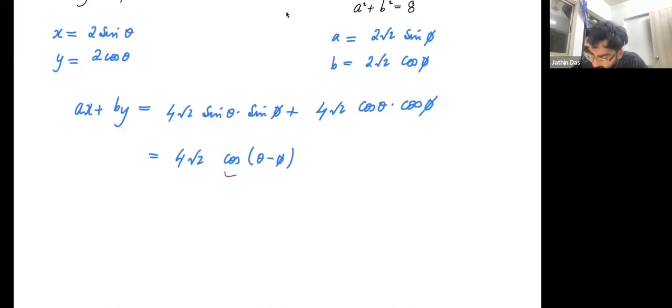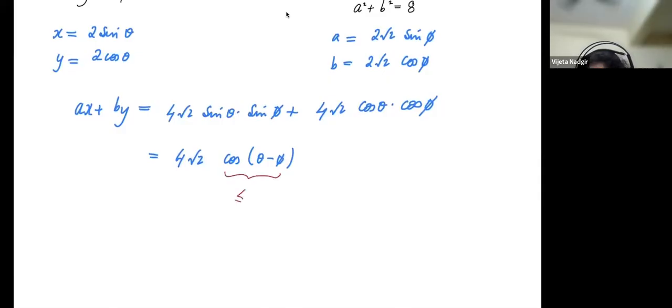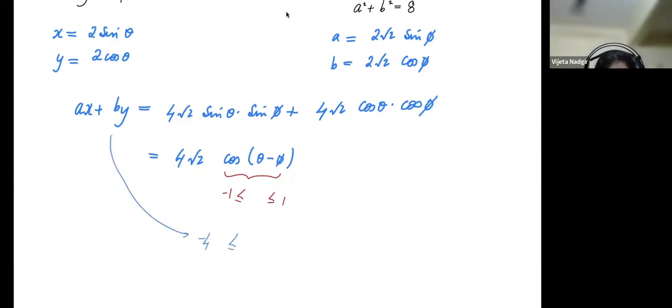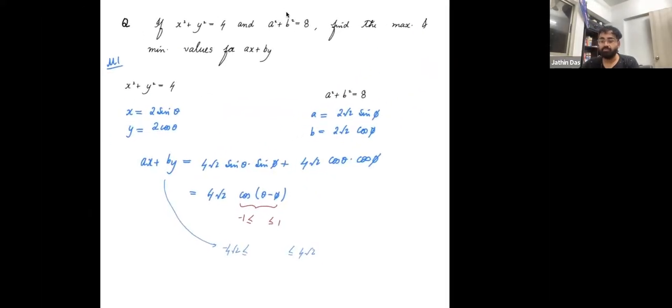Now you know this is the entire cos value. Its range is minus 1 to 1. That means the entire function will be between minus 4 root 2 to 4 root 2. The minimum value is asked, so this is the minimum value: minus 4 root 2.